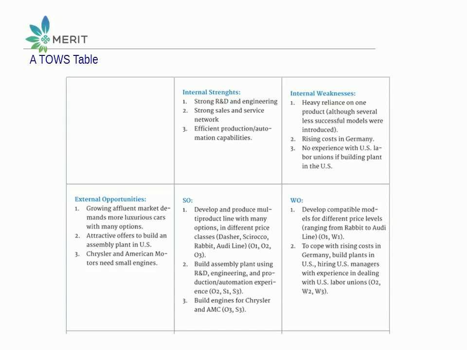The second one, because there are incentives to build a plant in the US, and we have a strong sales and service network there, maybe we can start looking at building an assembly plant in the US to take advantage of the offers, the tax incentives. And the third one, because American Motors and Chrysler need smaller engines, we can use our efficient production to also add engines into the factory at the same time. So this is how we would use our strength to build on top of the opportunity.